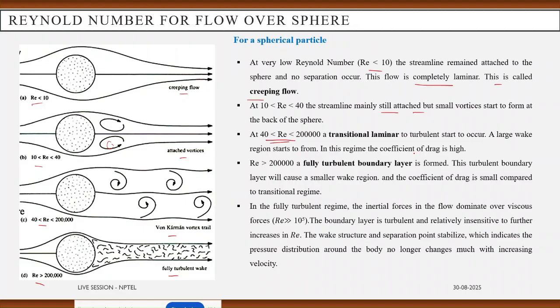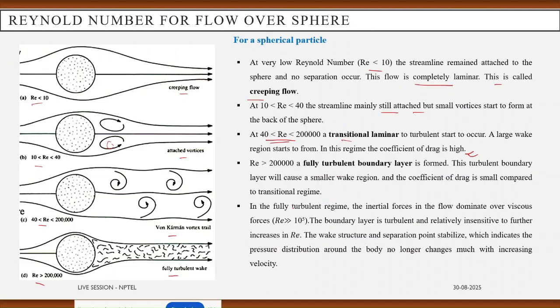In this regime, the coefficient of drag becomes very high, and when it is a fully turbulent regime, the boundary layer is formed, and this turbulent boundary layer will cause a smaller wake region to form, and the coefficient of drag is small compared to the transitional regime.